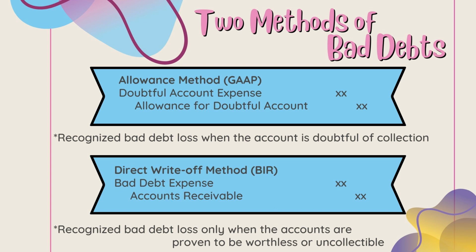The second method is the direct write-off method from the BIR. It is under the debit of bad debt expense, and then credit is the accounts receivable. So it is recognized as bad debt loss only when the accounts are proven to be worthless or uncollectible.